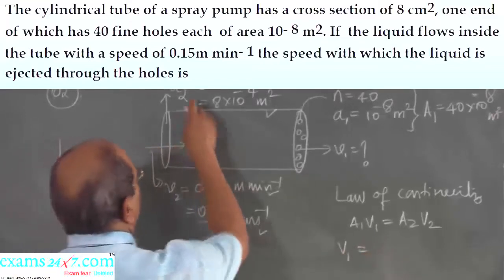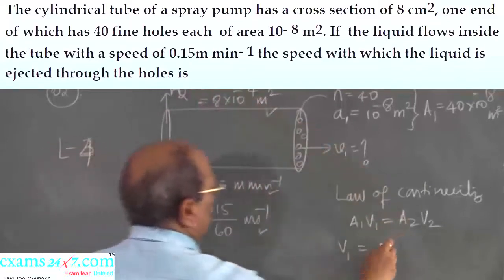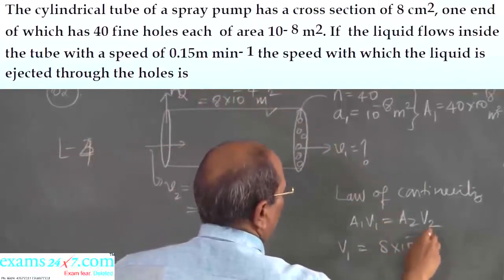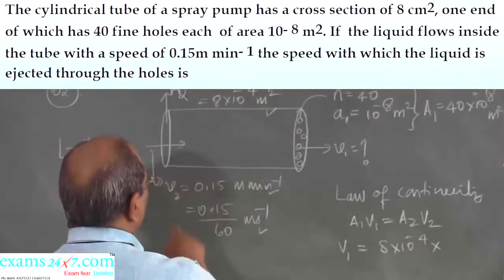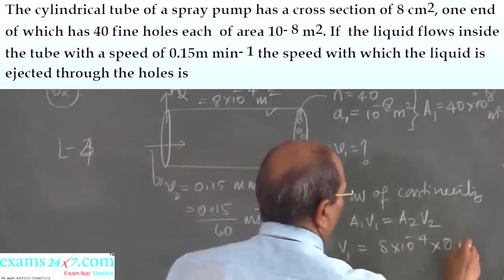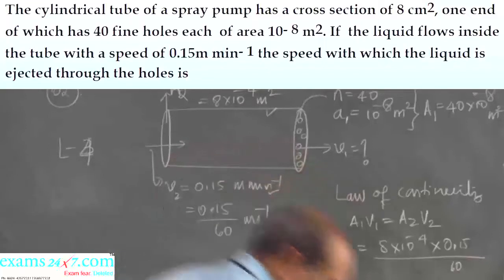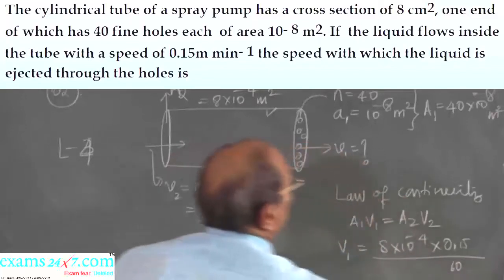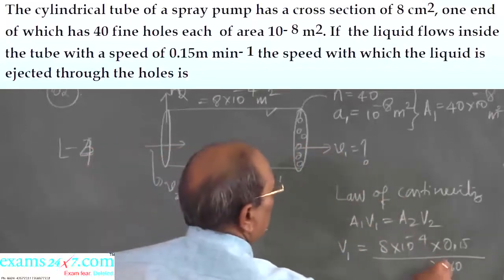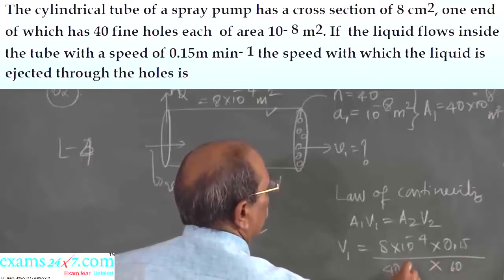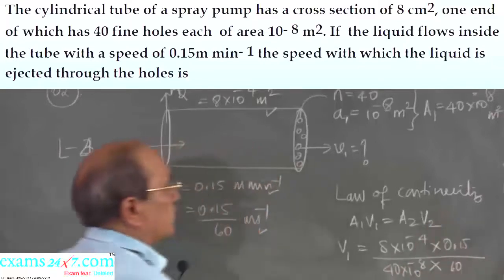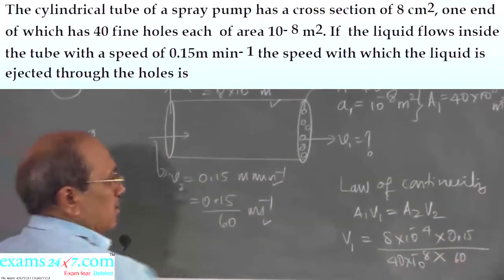A2 is given as 8 into 10 power minus 4. V2 is 0.15 divided by 60. And A1 is 40 into 10 power minus 8.